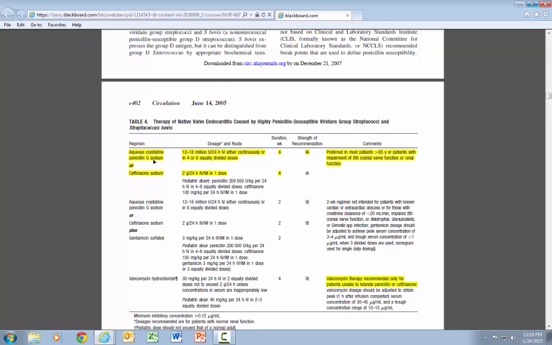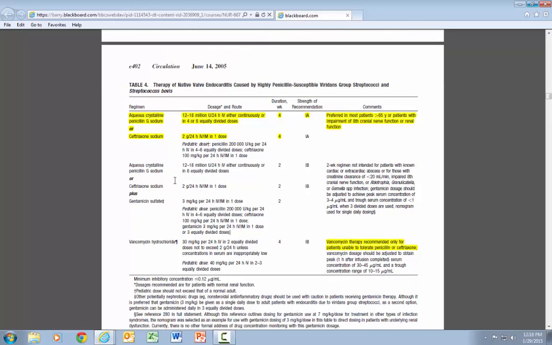The main treatment for endocarditis is penicillin G, 12 to 18 million units in 24 hours, or ceftriaxone, 2 grams, 1 dose, or ceftriaxone plus gentamicin.